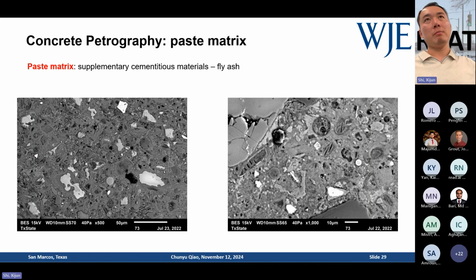Those are unhydrated cement particles. And on the right, the image on the right, you start to see the spherical particles, which are fly ash particles. And also you see some kind of nests distributed in the matrix that actually are AFm or monosulfate phases.